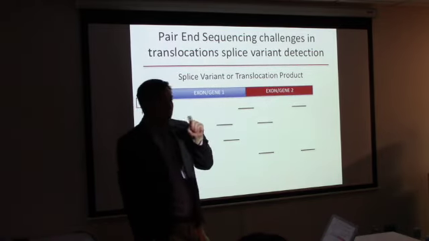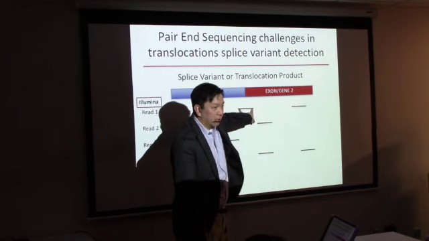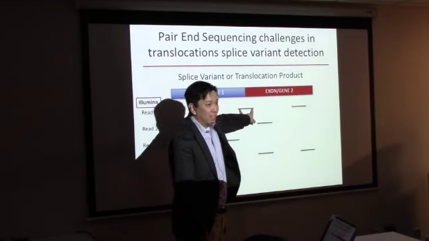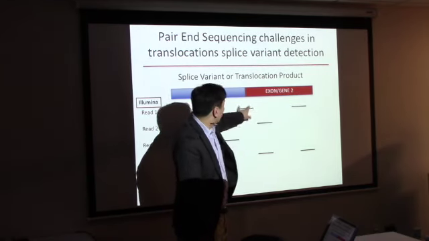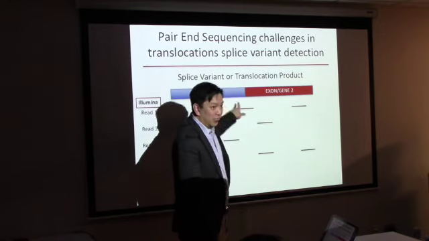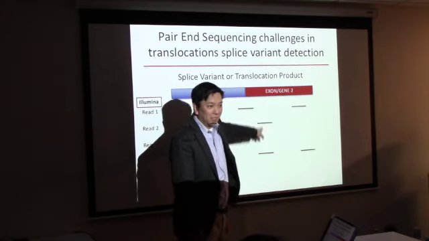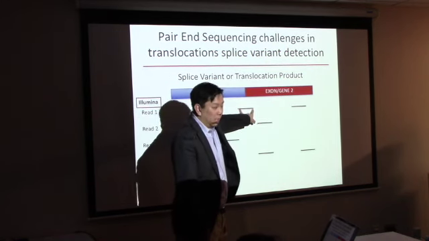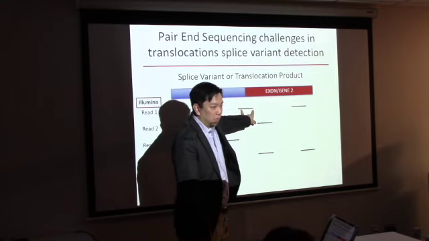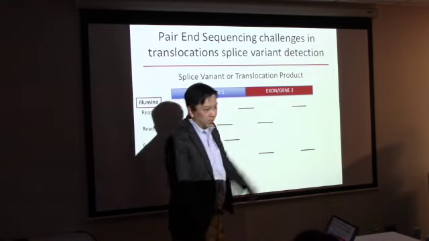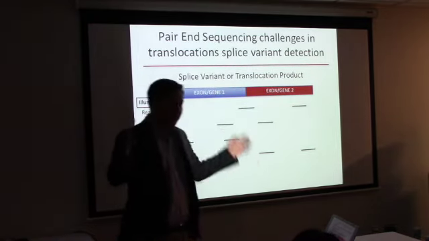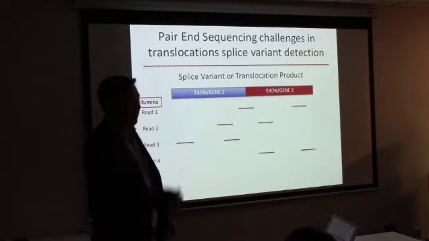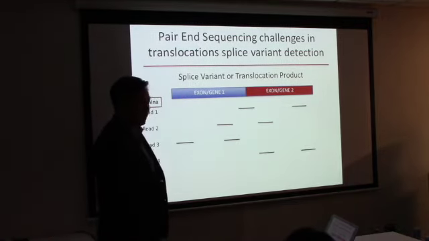But guess what? When you run this read onto your aligner, it's not going to align. It's only going to align partially to this gene, but it doesn't know to do partial alignment. So even though you have this read in your data, you can't actually see it unless you tell the program to align partial reads. You would have to kind of guess, like, align the first 10 bases to anywhere in the genome, the next 10 bases in the other part of the genome.